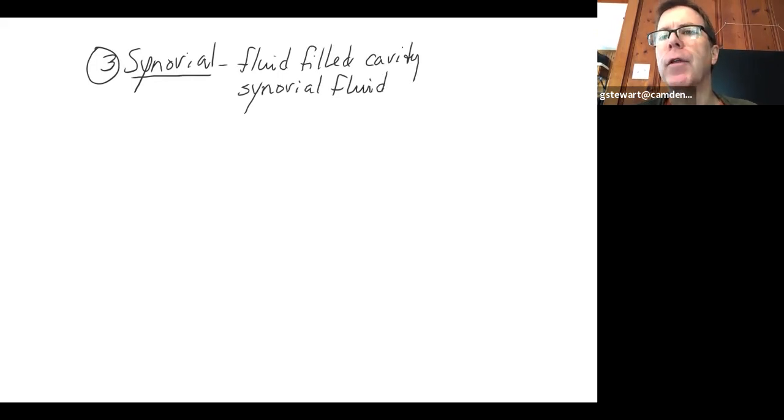Just so you know, I'm going to draw a picture of a synovial joint after I write a few things, so you get the anatomy of it. But this synovial fluid contains, I mentioned this, I believe, the first week, hyaluronic acid.